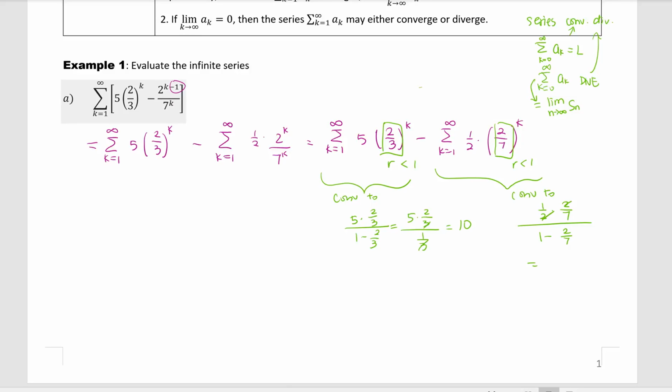So the 2s cancel, giving 1/7 over 5/7, which is 1/5. So by the properties of series, we have 10 minus 1/5, which is 50/5 minus 1/5, so 49/5.